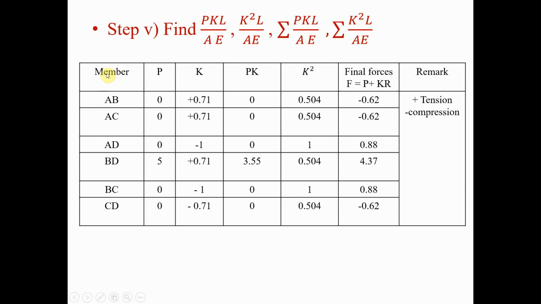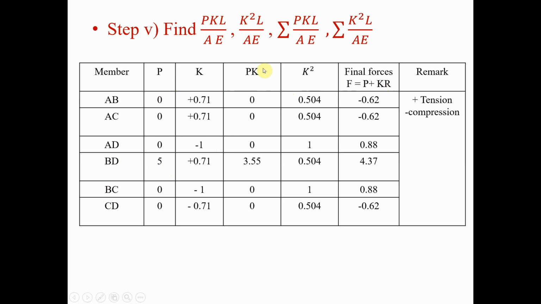The table consists of the name of the member, the magnitude of P forces, the magnitude of K forces, the PK term, the K square term, and then the final forces. Here the members are AB, AC, AD, BD, BC and CD. All the remaining P forces are 0, only BD is present, which is 5 kilonewton. I have also listed all the K forces we calculated in the last slide.